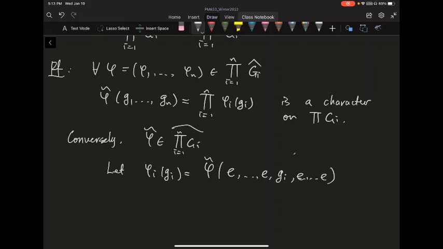You put Gi there, and you let everything else be the identity. That's how you embed Gi inside this product. Based on that, you can convince yourself that if you evaluate phi tilde of G1 up to Gn, that's going to be equal to the product of phi i of Gi. So with this map from phi to phi tilde, you can go both ways, and essentially these two are going to be the same.